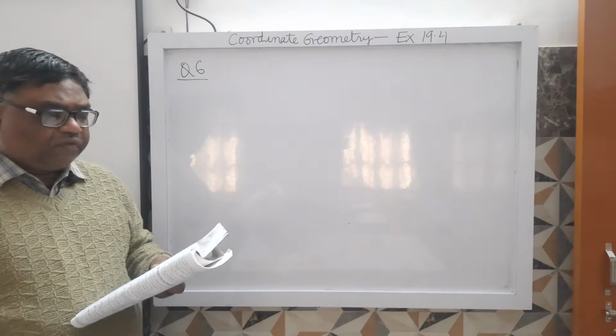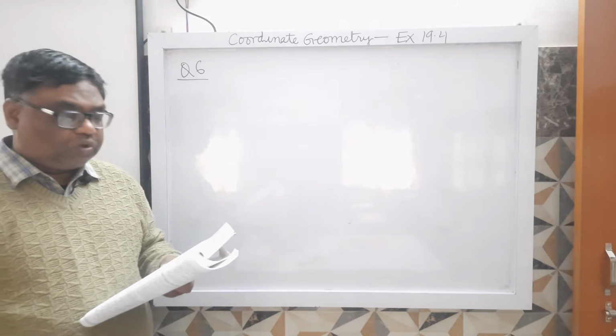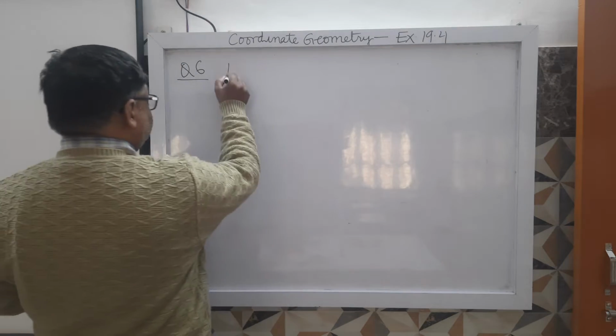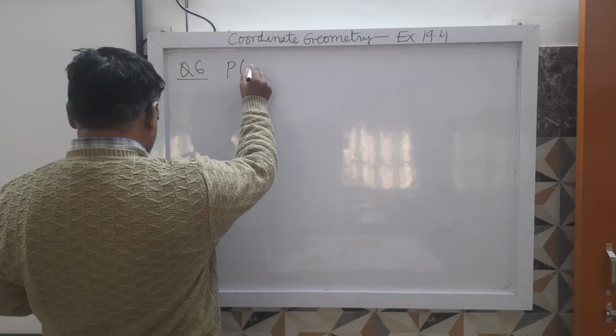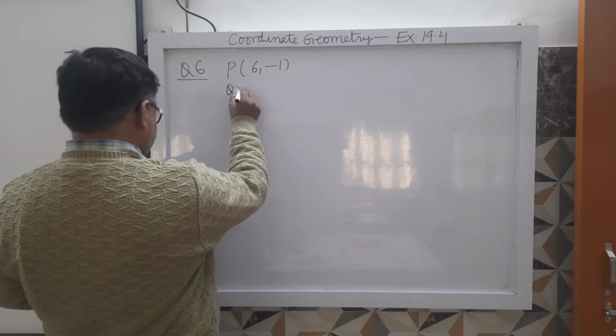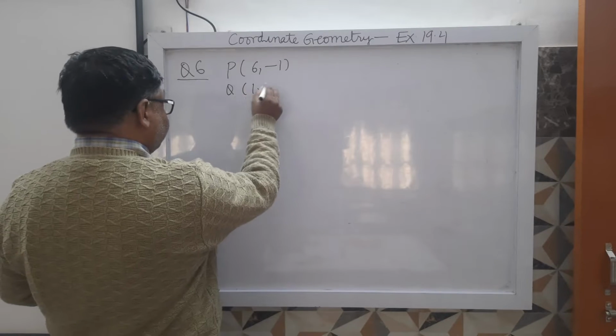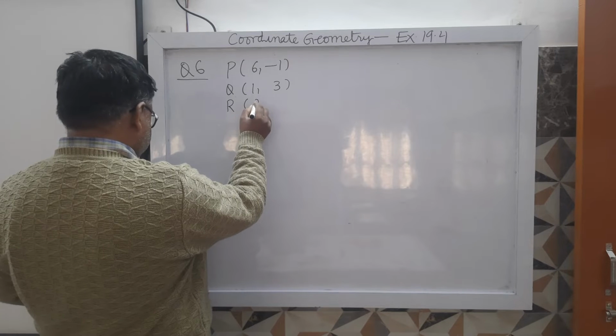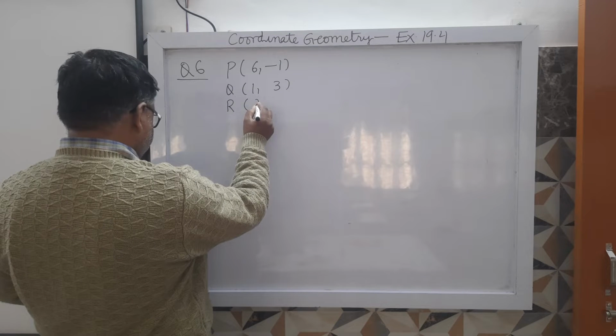Find the value of x such that PQ equals QR, where the coordinates of P, Q, R are given. P is given 6 comma minus 1, Q is given 1 comma 3 and R is given x comma 8.